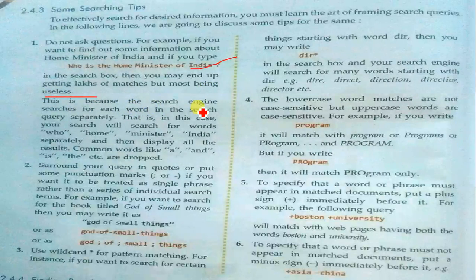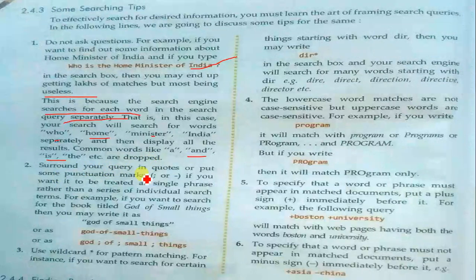This is because the search engine searches for each word in the query separately: who, home, minister, India. Common words like a, and, is, the, etc. are dropped.